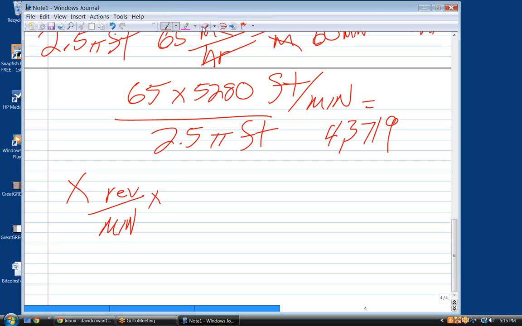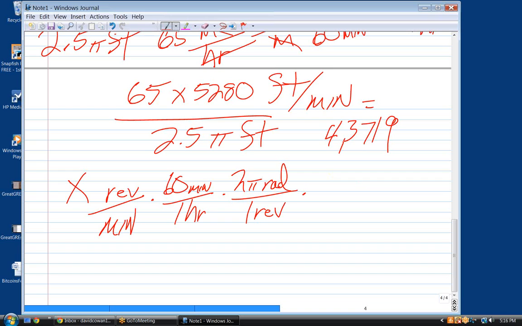Times, let me use the dot, 60 minutes per 1 hour, times 2 pi radians per revolution, times, in my case the wheel radius was 18 inches per radian.